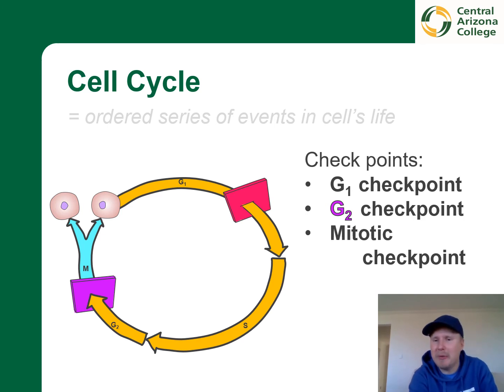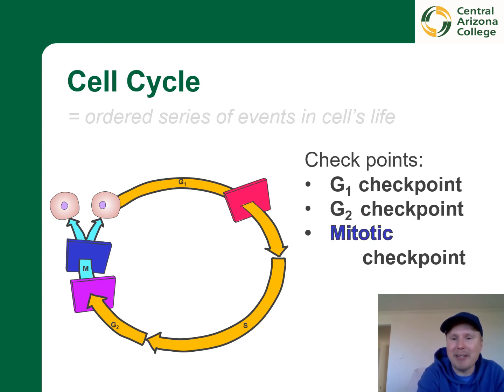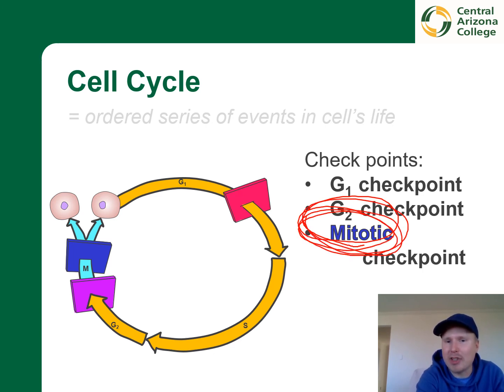Then we are going to have also the G2 checkpoint. At this point, the cell verifies that it is ready, and if there are any issues with the DNA, we can try to fix it here too. The final checkpoint that we will see is the mitotic checkpoint. To move onward from this point, all chromosomes within the cell must have attached to the spindle.